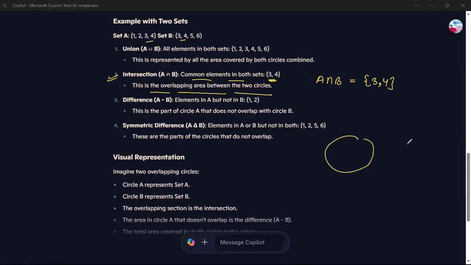If we draw this as A, this as B, this particular shaded region is the common area, right?